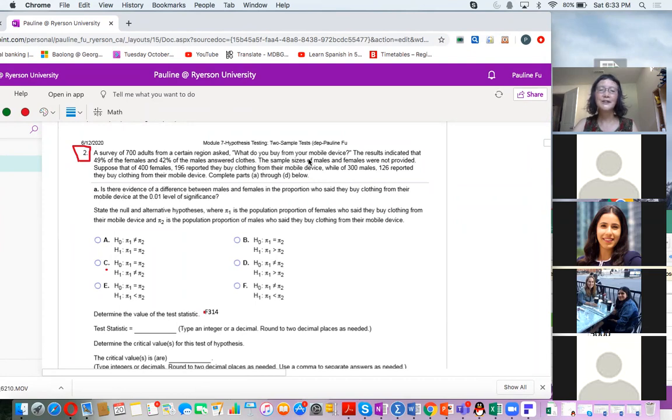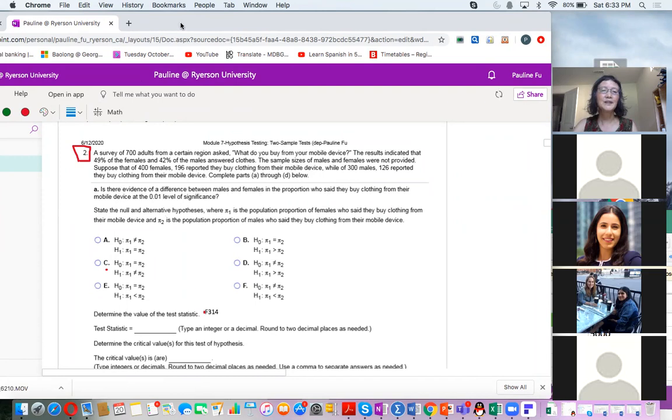The sample size of males and females were not provided. Suppose that of 400 females, 196 reported that they buy clothing from their mobile device, while of 300 males, 126 reported that they buy clothing from their mobile device. Complete part A to D.